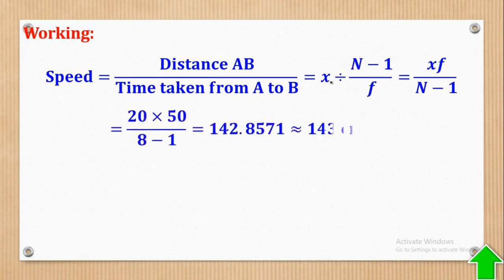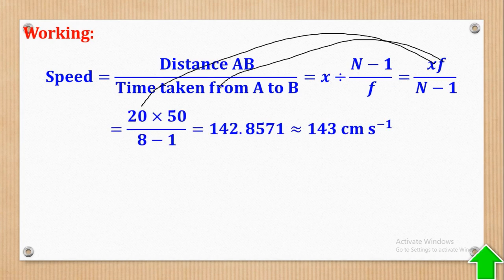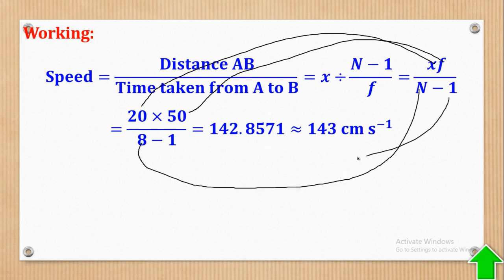Therefore, I substitute for x, which was 20 centimeters, f, which was 50 dots per second, and n, which was the number of dots, 8, minus 1 to get the spaces in between the dots. When I use the calculator, I come up with this value, and since our answers were rounded off, I'll round off to a whole number to give 143 centimeters per second.